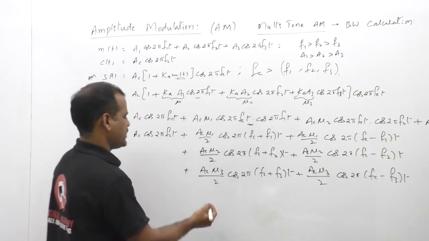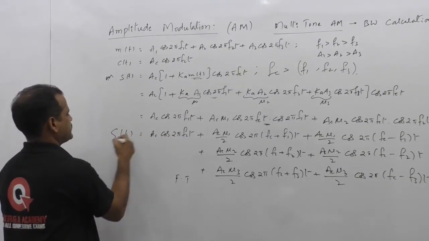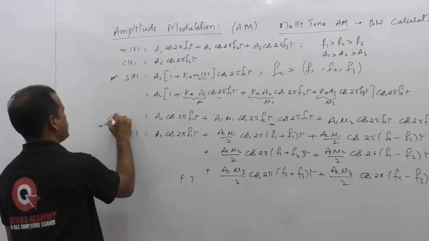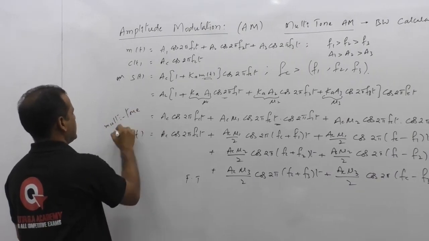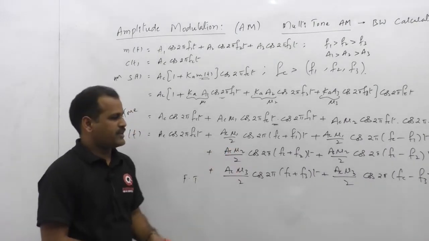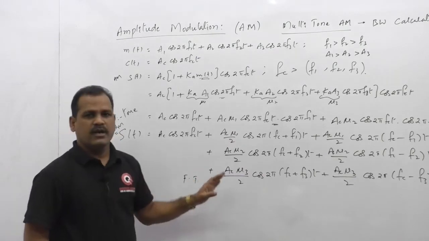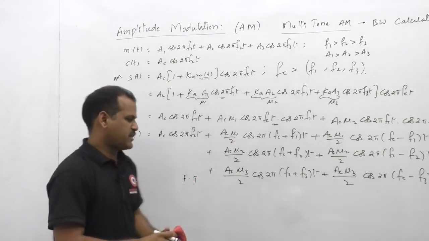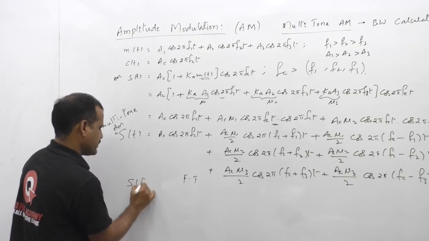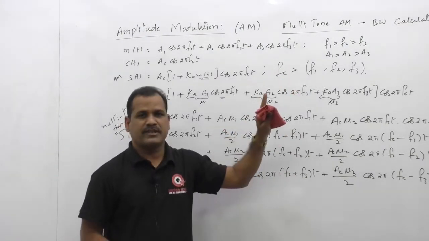So let us consider the Fourier transform of this multitone AM signal. This is the multitone AM signal, the final time domain expression. If we take the Fourier transform on both sides of this expression, we will get the frequency domain representation of this multitone AM first. After that we can plot the diagram and then calculate the bandwidth as per the requirement.